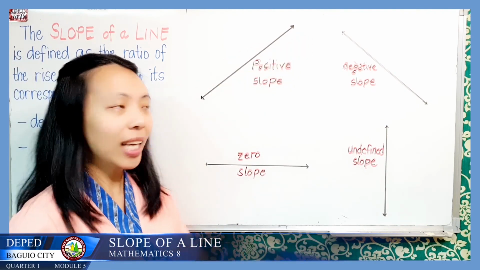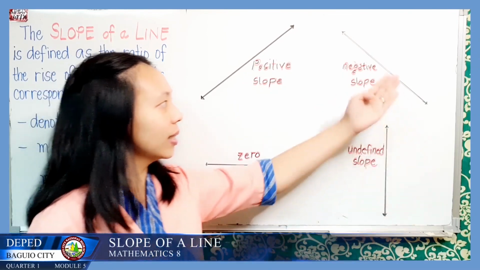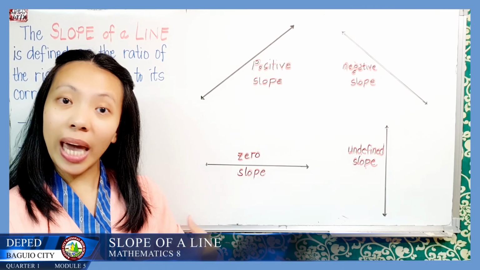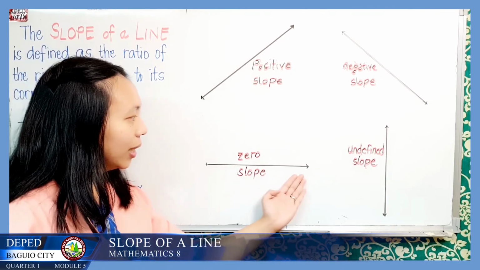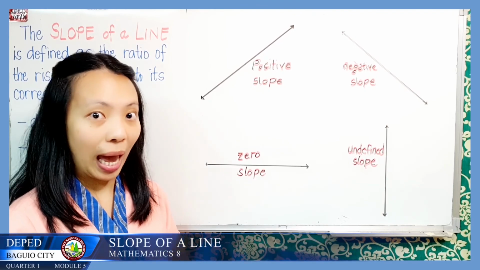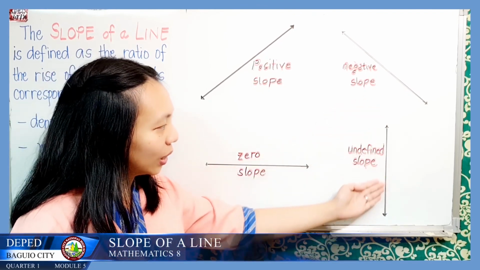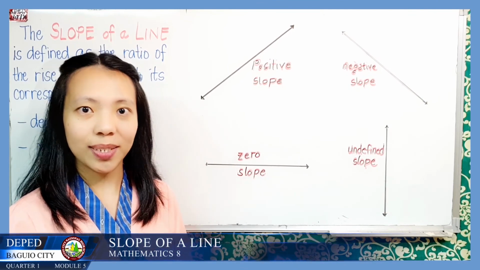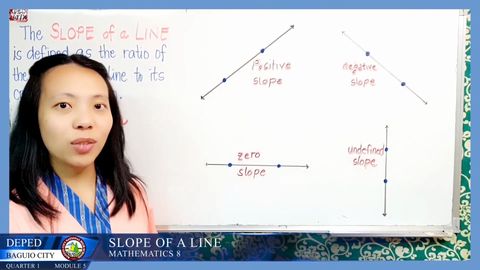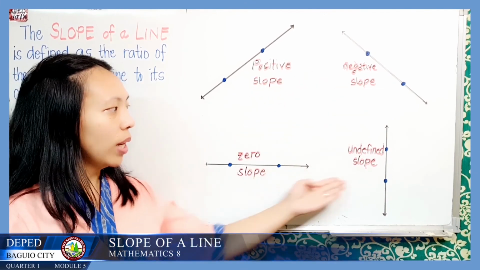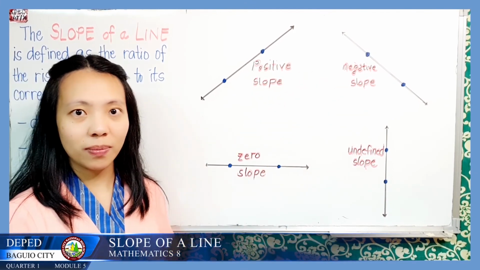On the other hand, negative slope means the line rises to the left. If we have a horizontal line, the slope of that line is 0. Whereas, if the line is vertical, its slope is undefined. Let us investigate further what positive, negative, 0, and undefined slopes mean.